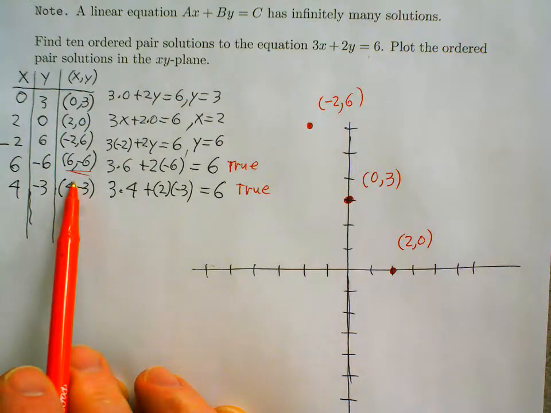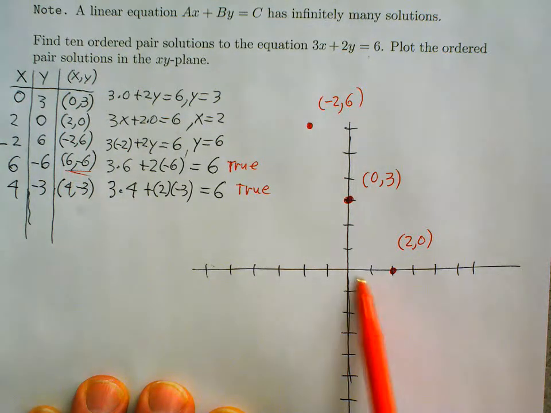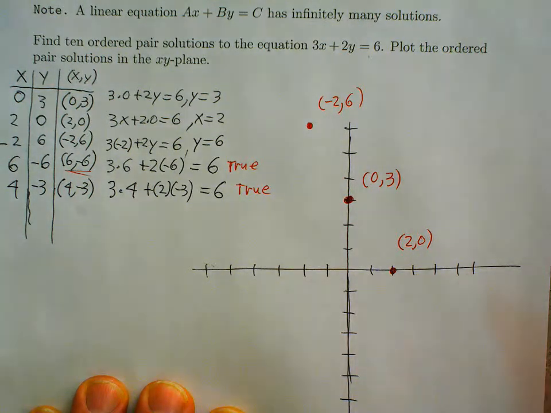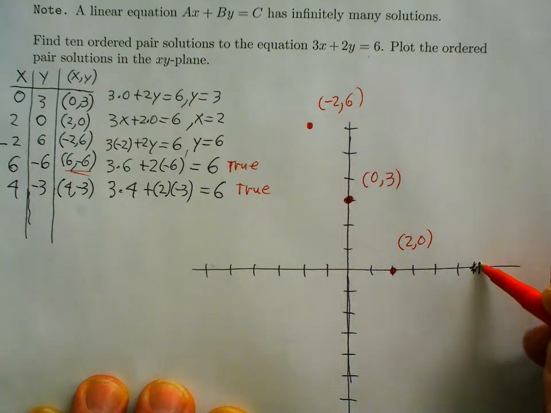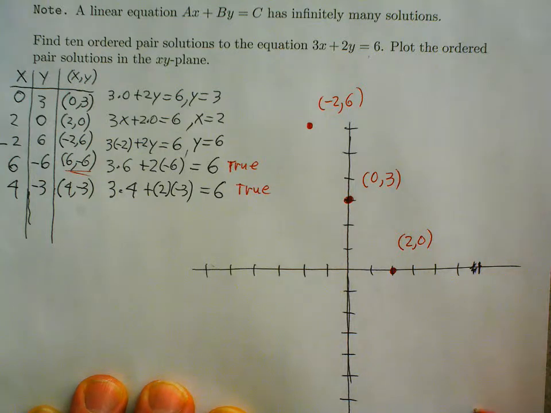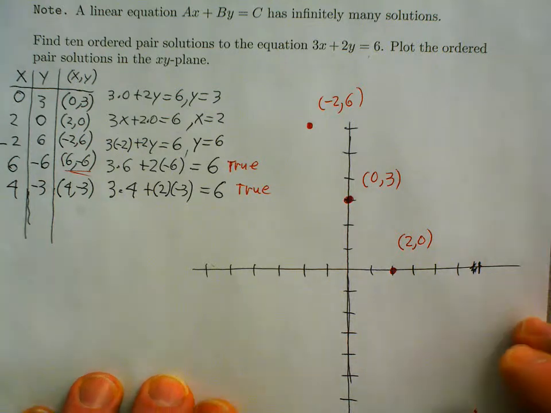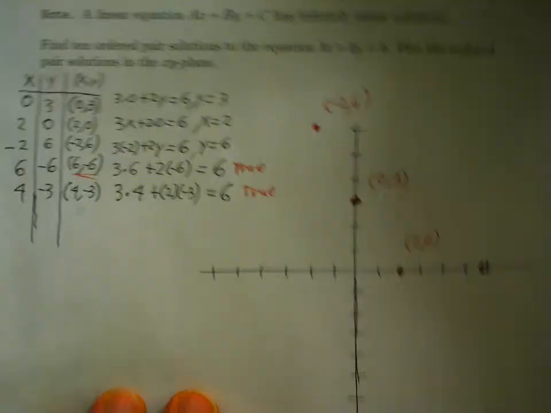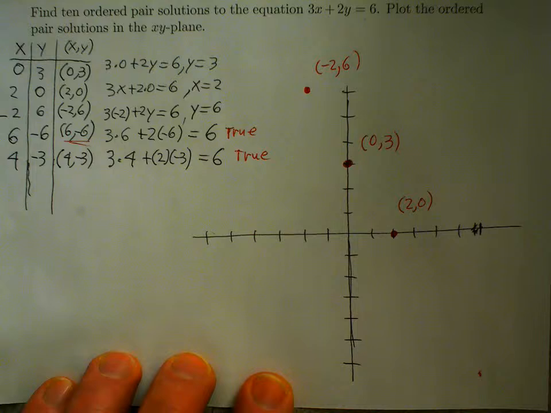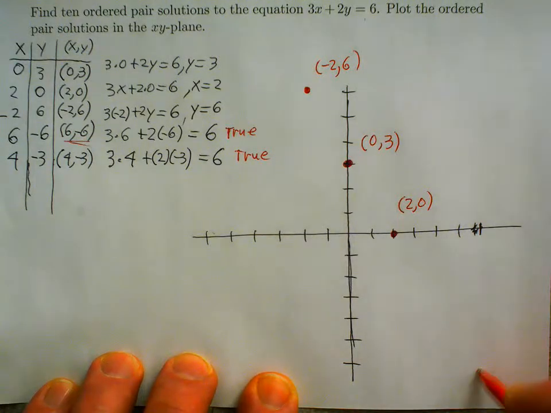Then (6, -6), 6 for x. So this is a little off scale. So 6, positive 6 for x and negative 6 for y. So I'm almost off the grid. (6, -6).